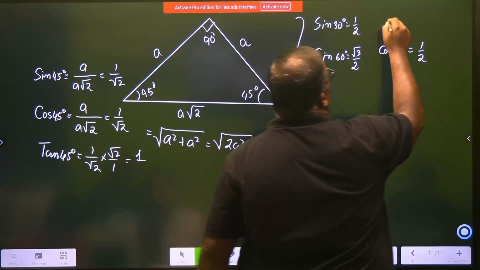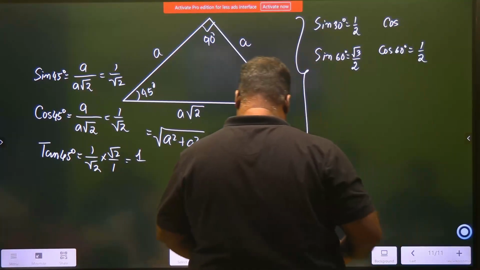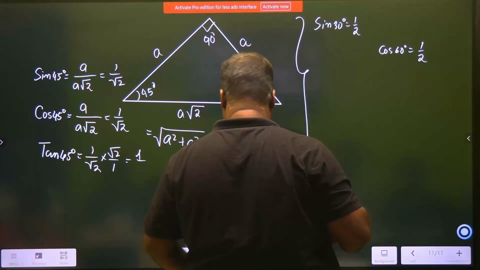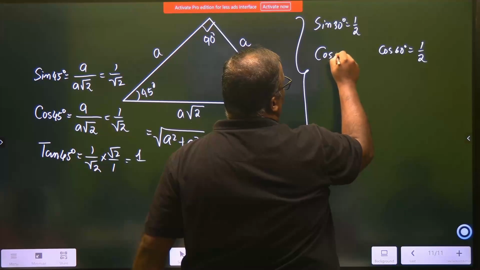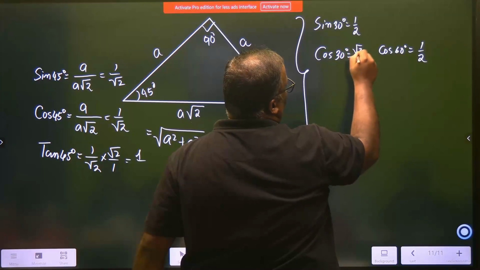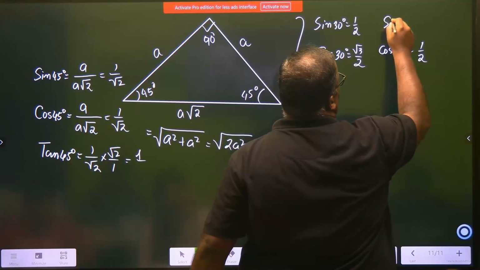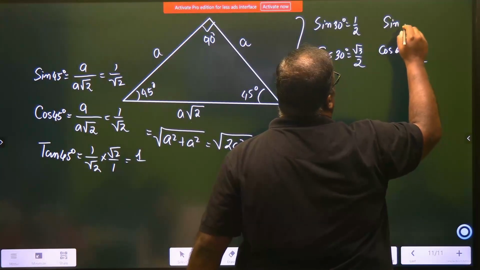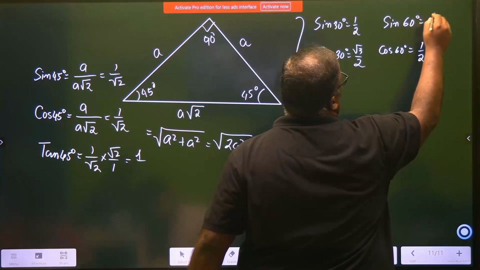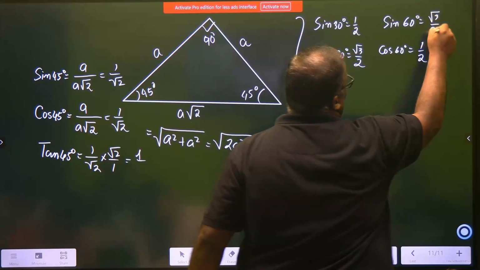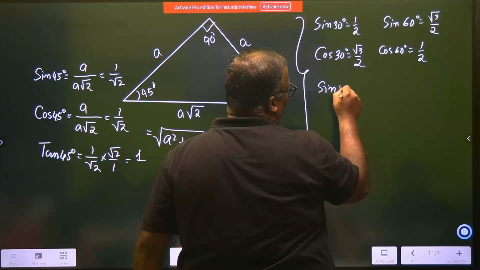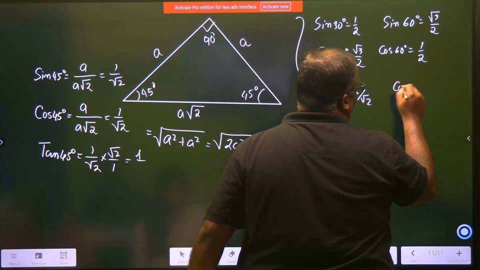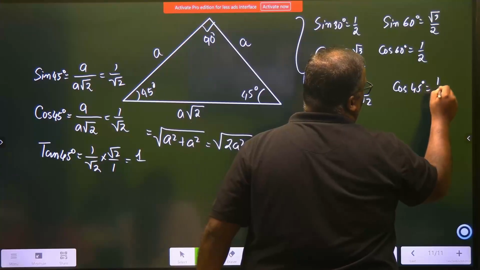Let me write it in this manner, it will become more interesting. Cos of 30 gives me root 3 upon 2, and so does sine of 60 degrees. Whereas if I take a sine of 45, I get 1 by root 2, and if I take a cos of 45 degrees, I get 1 by root 2.